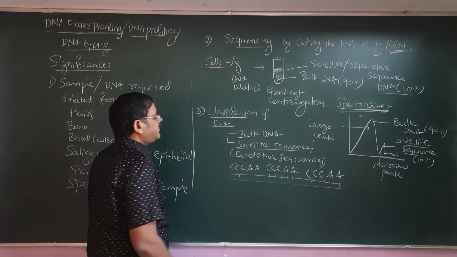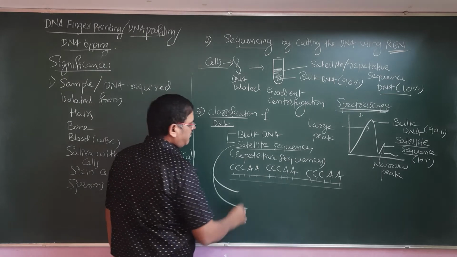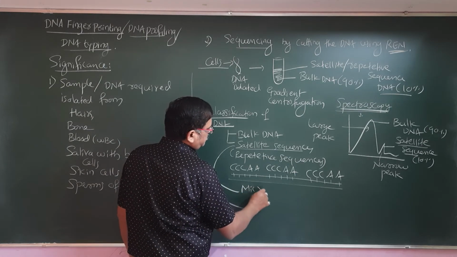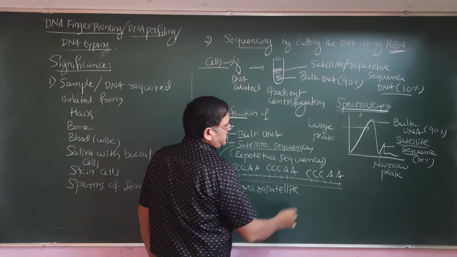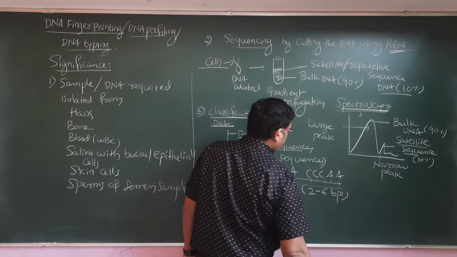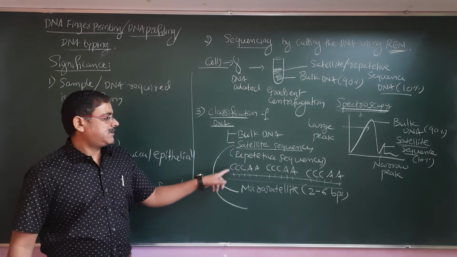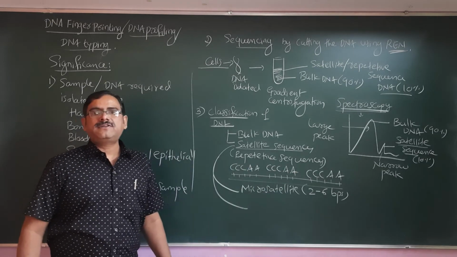Satellite sequences are of two types. One is called a microsatellite, which is mainly 2 to 6 base pairs. They repeat like this; here only 5 sequences are repeating. This is a microsatellite sequence.